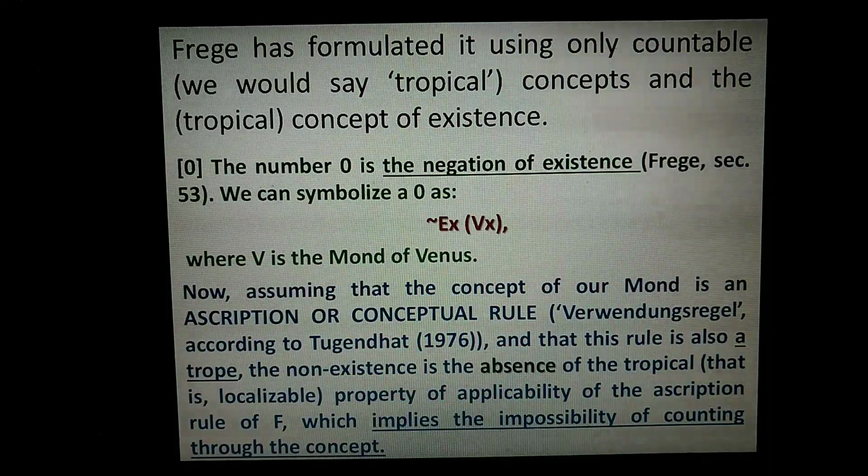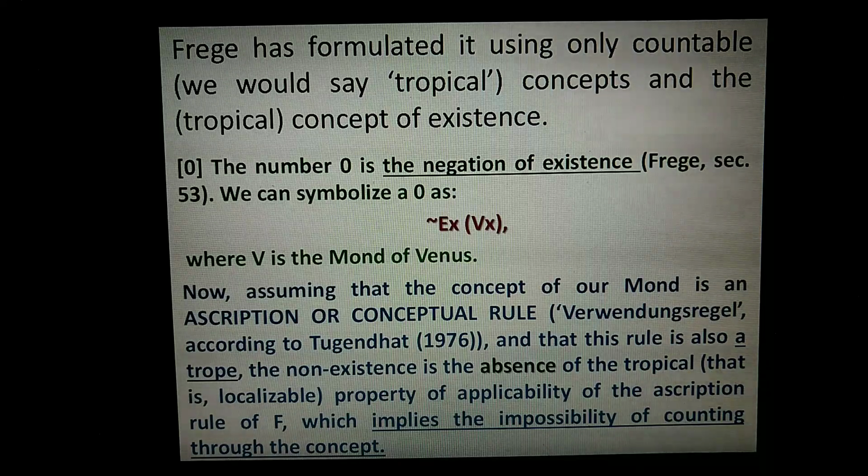Frege formulated it using only countable, we would say tropical, concepts, and the tropical concept of existence, because it is also a property. It seems to be also a spatio-temporally localizable property, the existence, even if it has a higher order. So, the number 0 is the negation of existence, says Frege.